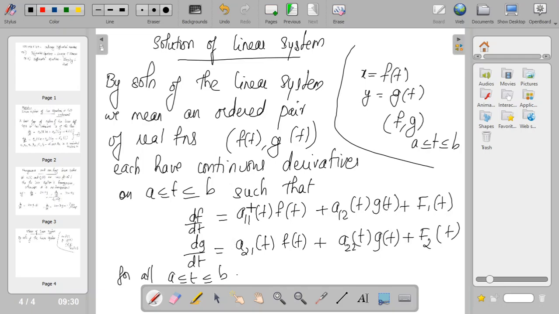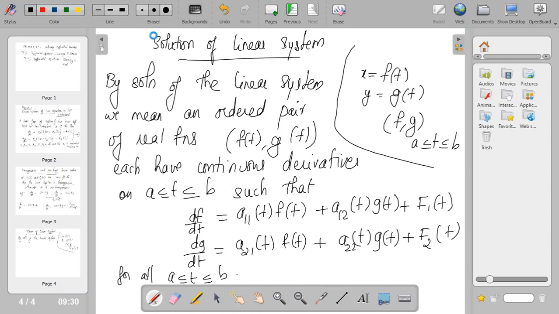From the two equations, f and g must satisfy both the equations. So this is the meaning of the solution of a linear system. That's a pair f, g having continuous derivatives on the interval a less than or equal to t less than or equal to b, such that it satisfies this equation.